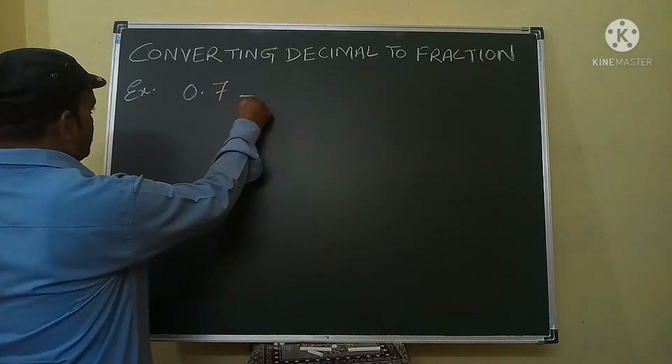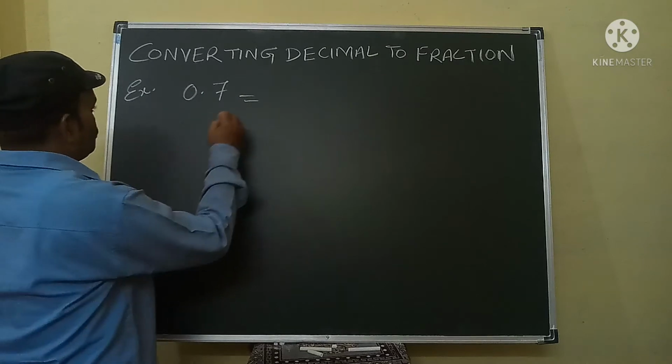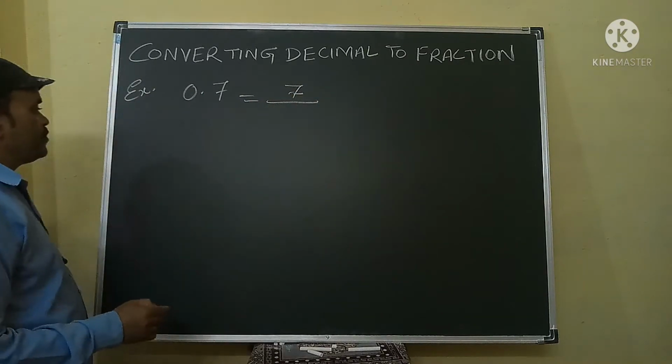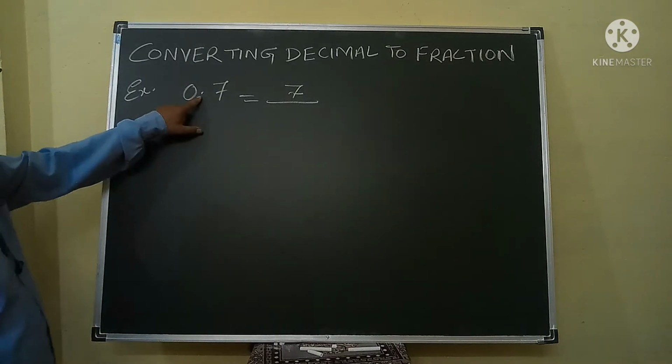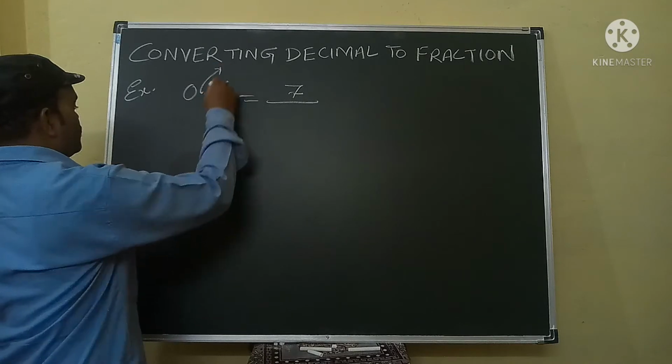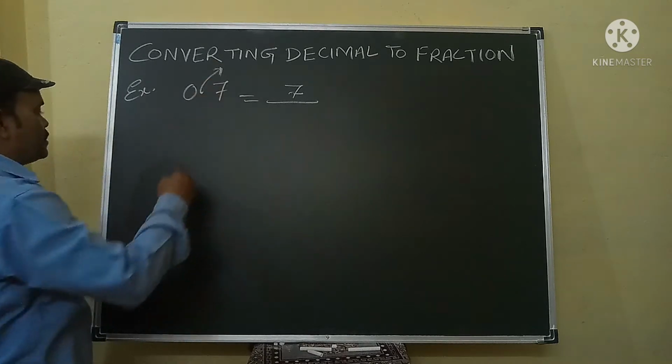So this is 0.7. This is 7, and you know very well this is the decimal point. We are removing the decimal point.